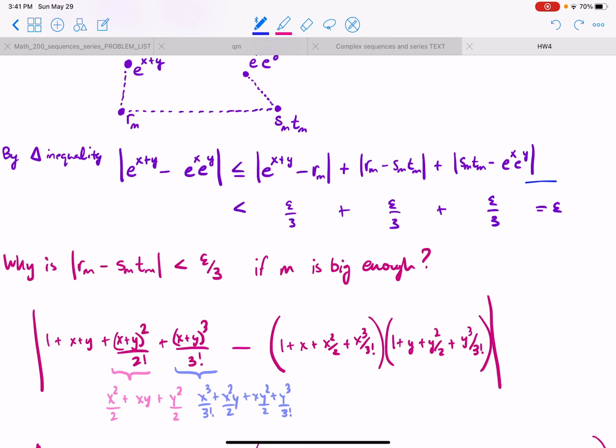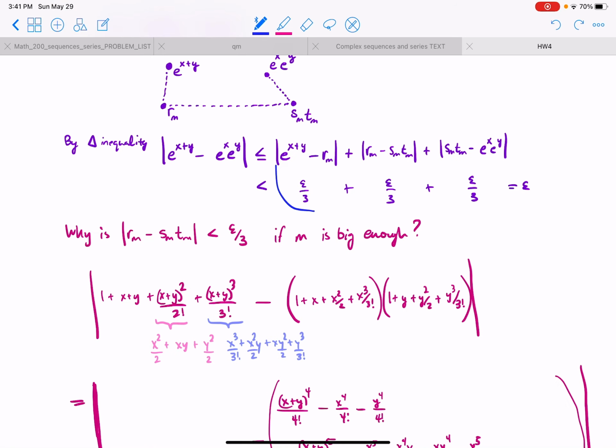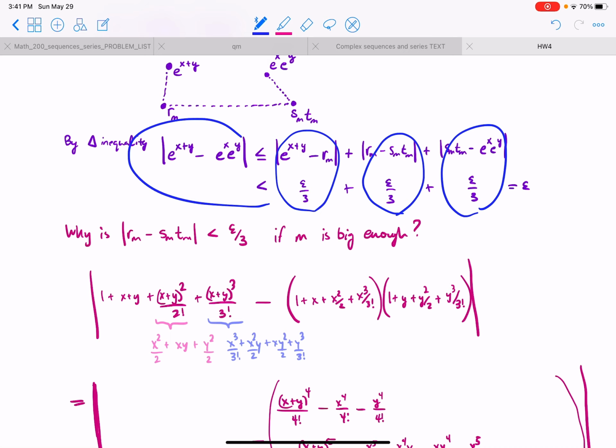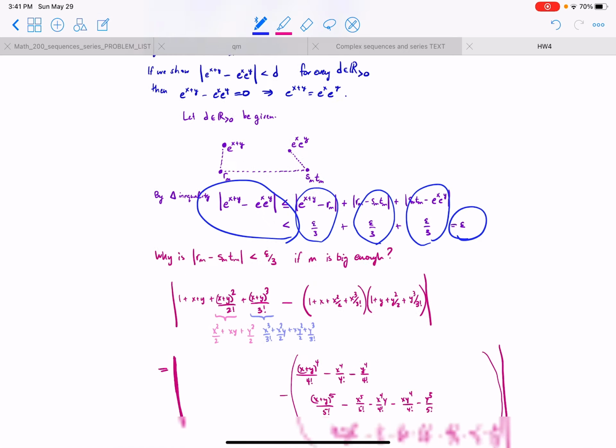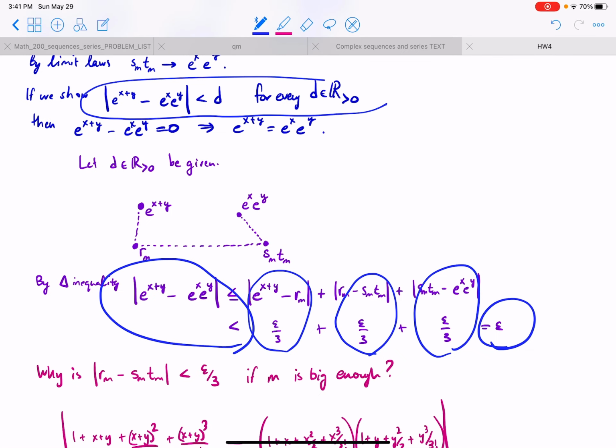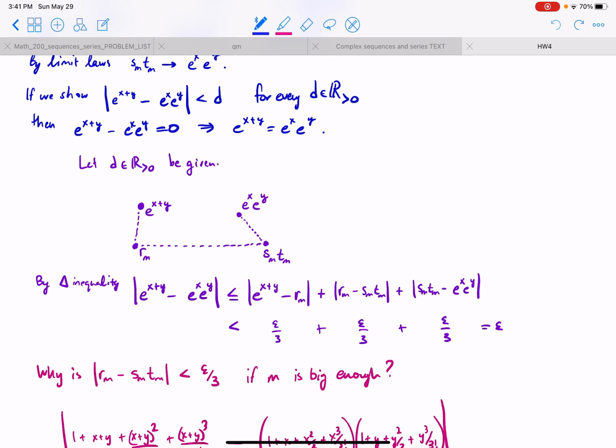In inequalities, it's just this. So if we can make this less than epsilon over 3, this less than epsilon over 3, and this less than epsilon over 3, then the whole thing is less than epsilon exactly as needed, where I have now called d epsilon for no apparent reason.